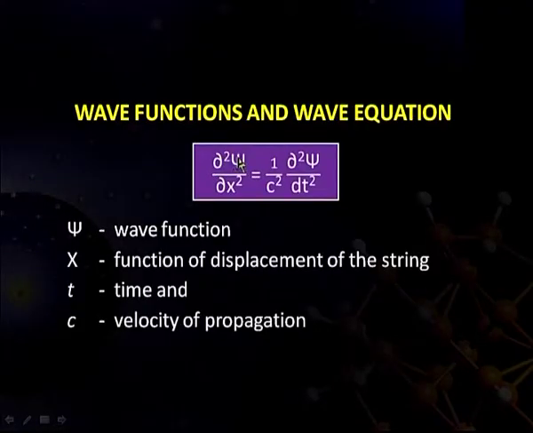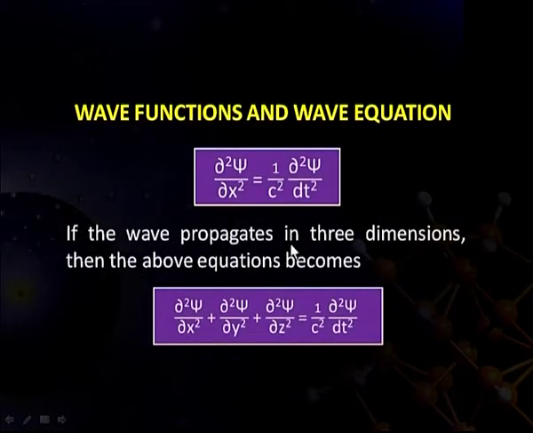If the electrons behave as a wave, then its motion should be described by a wave equation. Generally, wave equation is a second order differential equation, which may be represented along the x axis like this: del square psi upon del x square is equal to 1 upon c square into del square psi upon dt square, where psi is the wave function, x the function of displacement of the string, t is the time and c the velocity of propagation.